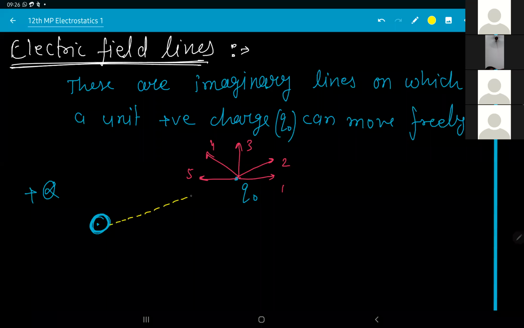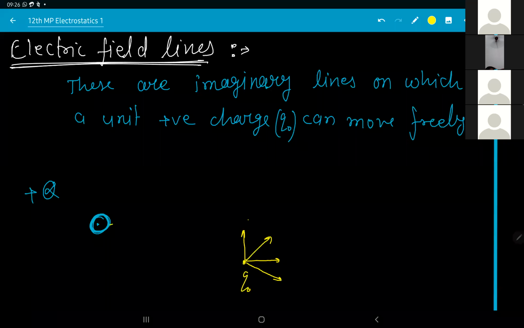Actually, it will be the direction away from the charge on the same line. So 2 is the correct answer. If I place Q naught here, then what would be the direction? 1, 2, 3, 4. Which may be the correct option? 4, sir.